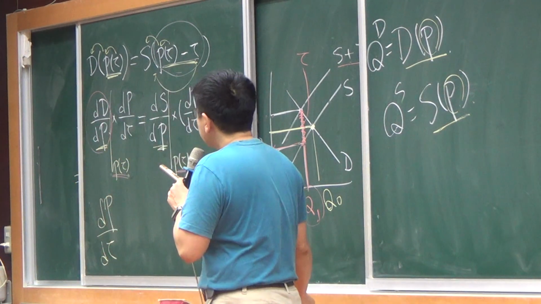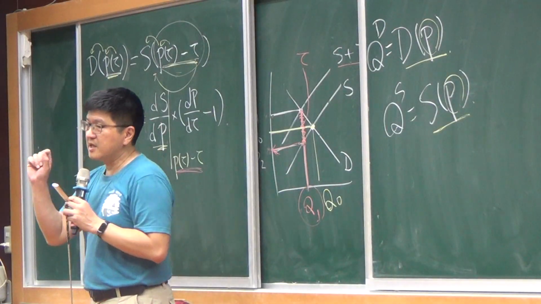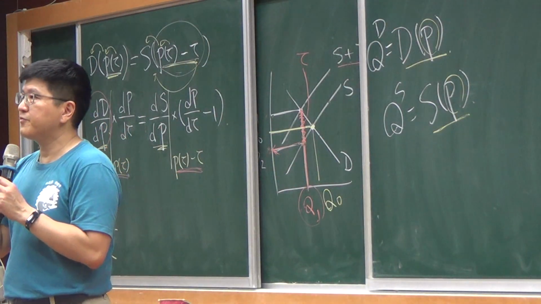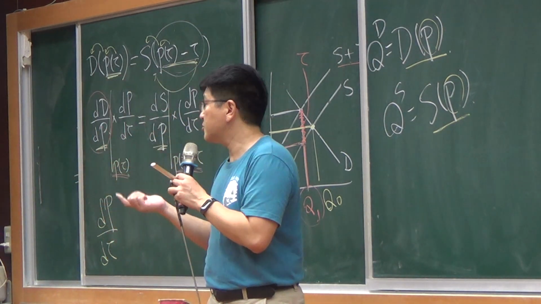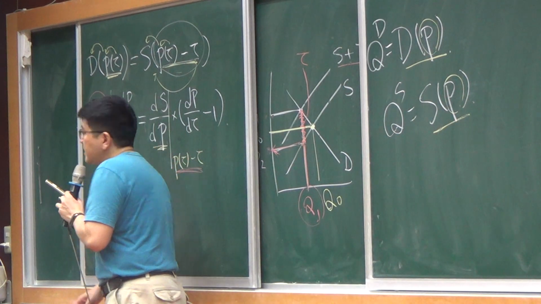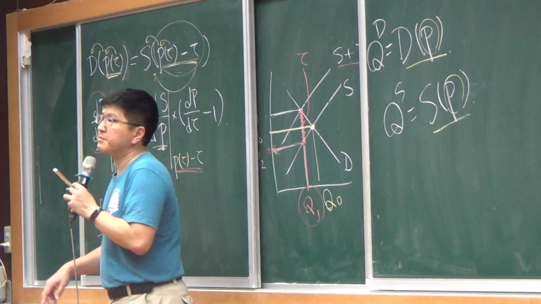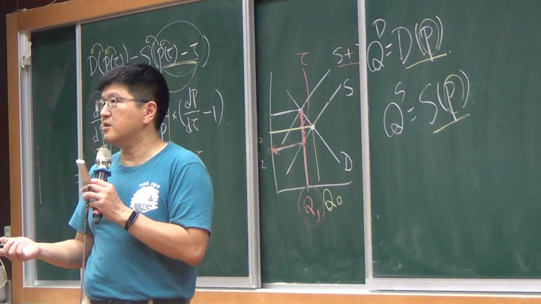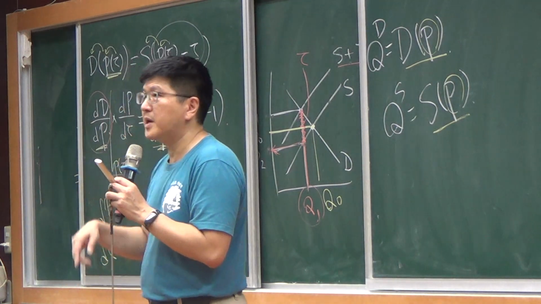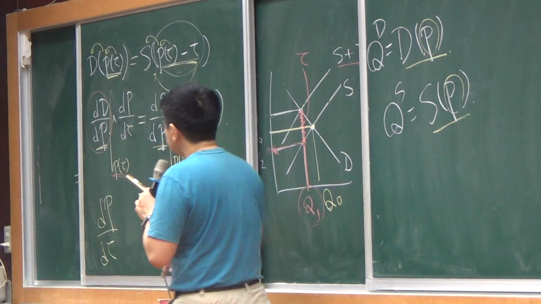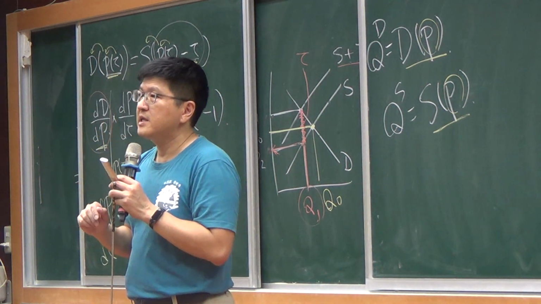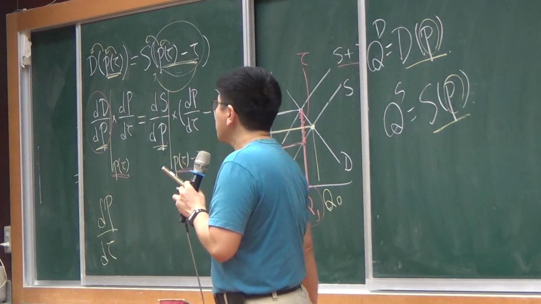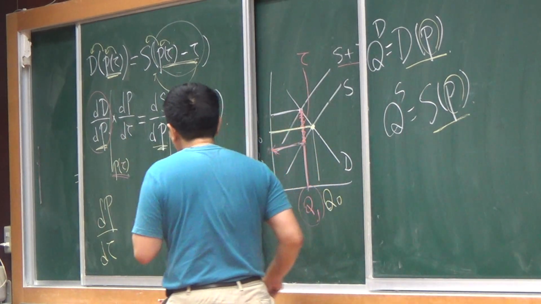What does dp d tau mean? It means: when tau increases by 1 unit, how many units would change in p? Which direction, does it go up or down, is it positive or negative? And also, what about the size, the magnitude of the change in p? We want to know this.